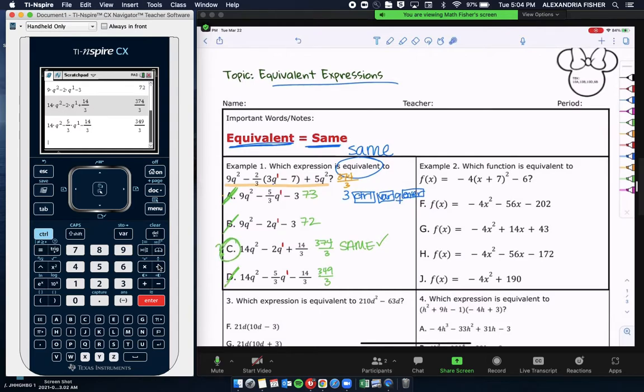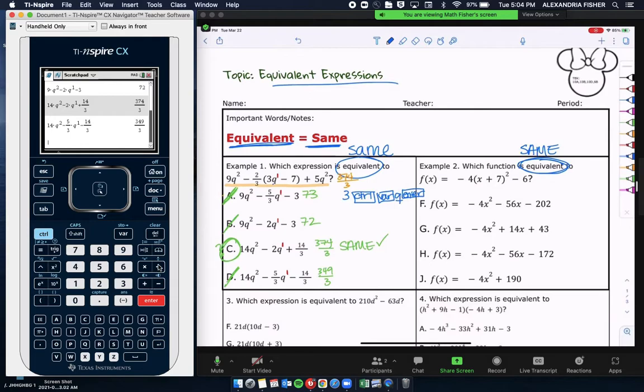Let's try number 2, example 2. Which function is equivalent to f of x equals negative 4 parentheses x plus 7 parentheses squared minus 6? So my important word again is equivalent, meaning same. And there's a different way you could have solved this one, and I'm going to show you on number 2.